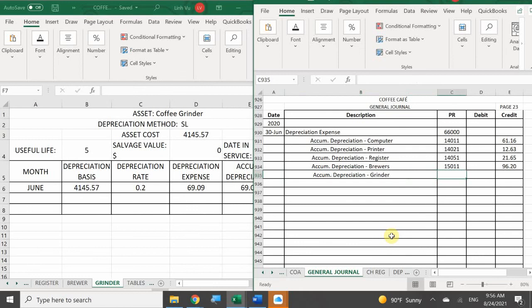Okay, which is 15021. How much are we going to depreciate my coffee grinder? 6909. Okay.